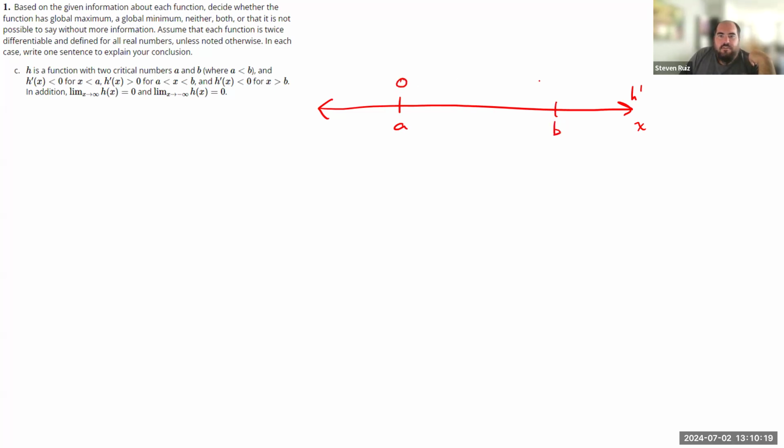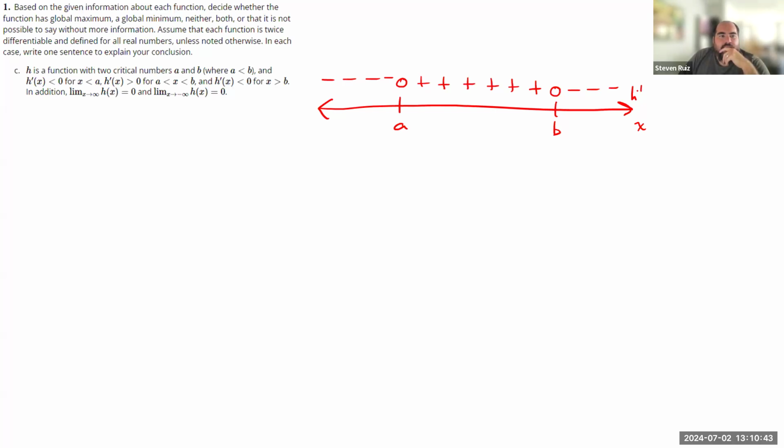So 0, 0. For values of x that are less than a, I have a decreasing function. For values of x between a and b, I have an increasing function. And then I go to a decrease.